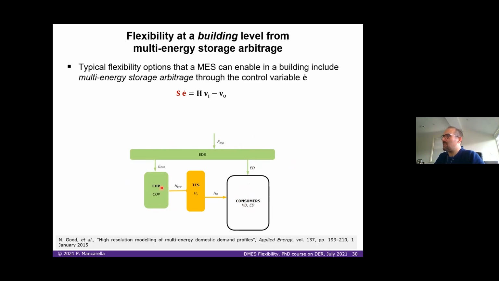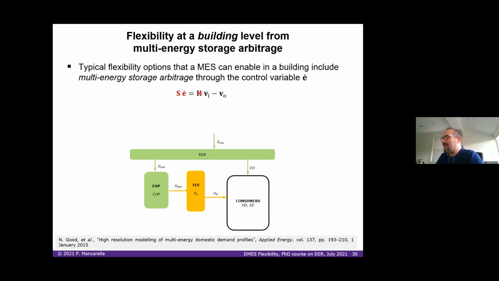However, because the electric heat pump has got electricity as an input, by having a thermal storage buffer, you actually introduce flexibility by storage arbitrage on the electricity side. Even if it's a heat storage, actually you can introduce flexibility on the electricity side. Mathematically, it's seen from this kind of equation, the multi-energy node equation, where basically this storage here, S, in this case, is heat.